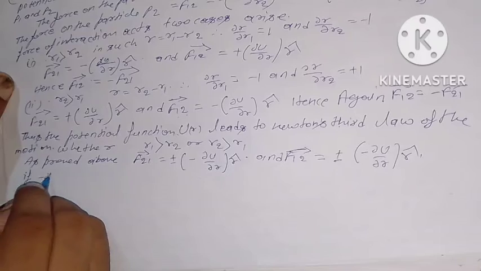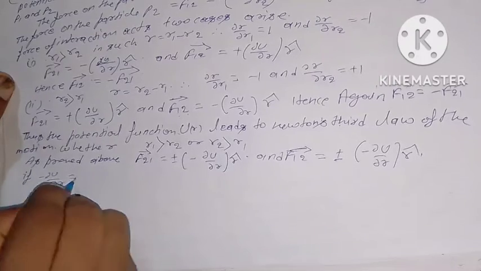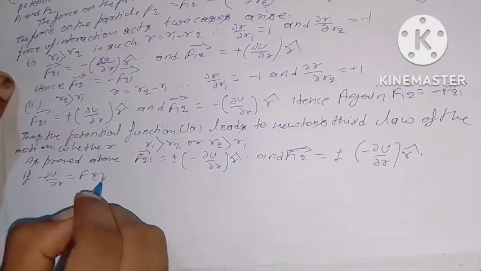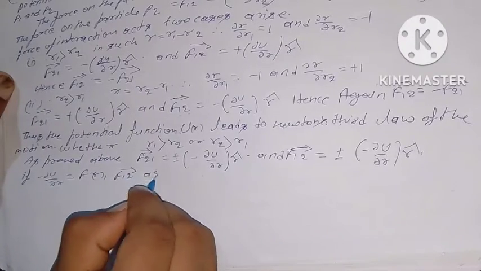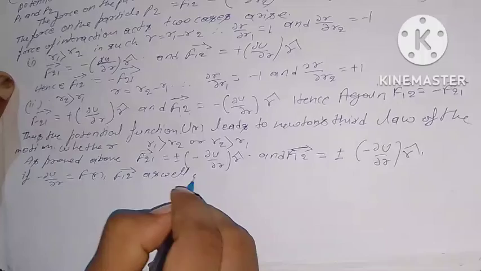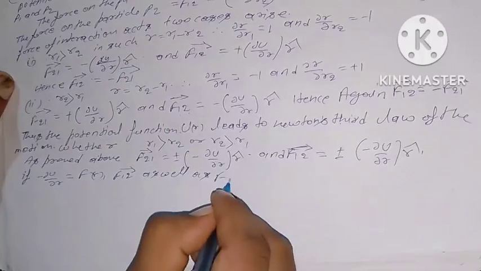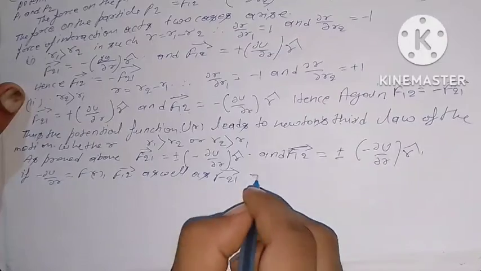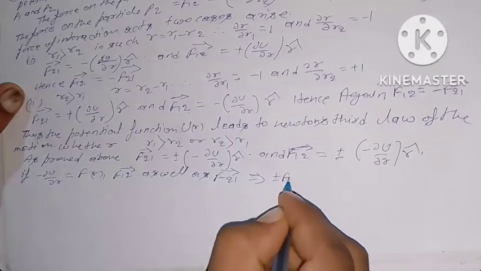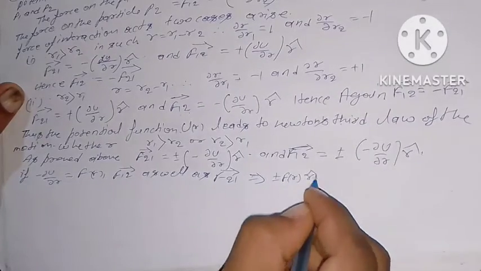If minus del U upon del r equals a function of r, then F12 vector as well as F21 vector can be expressed as plus or minus function of r, unit vector r.